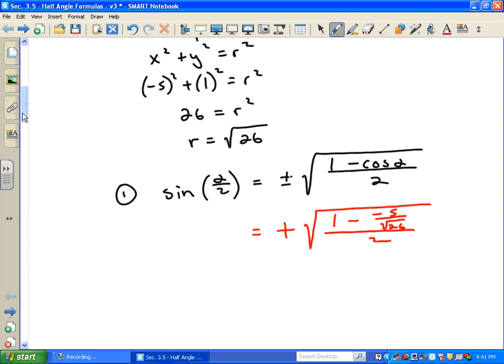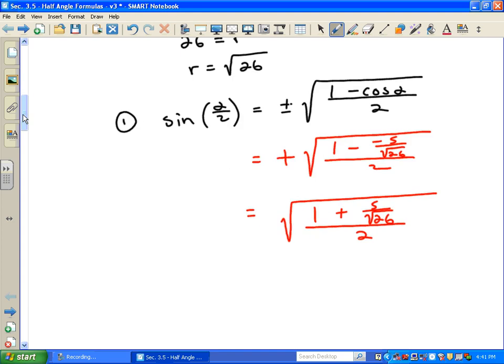A couple of things on the simplification. First of all, I'll simplify the signs. I have 1 plus 5 over the square root of 26 all over 2. Having the 26 there in the denominator is kind of a problem, so we'll rationalize the denominator first of all, to get rid of the root in that denominator.